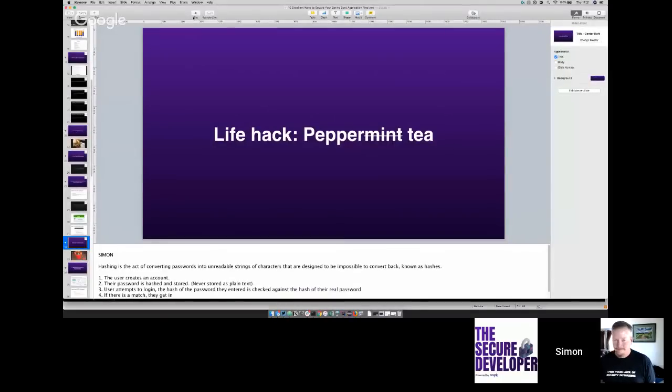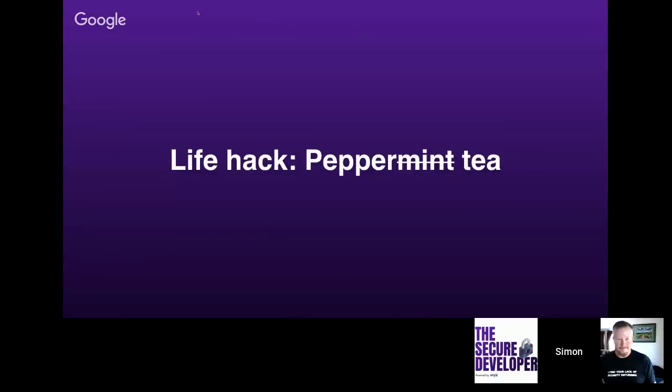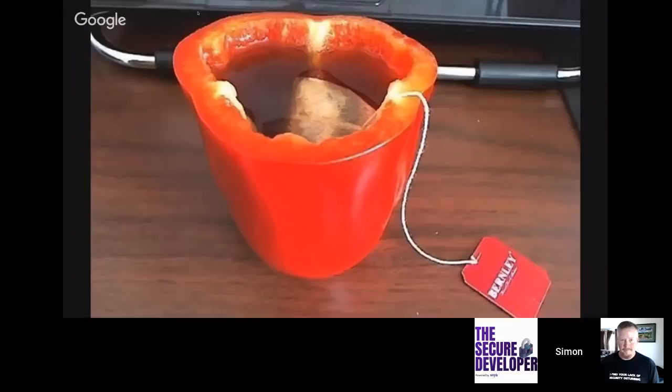Let me share my screen and I'll show you what I'm talking about. So the worst thing for me, and this is great for students as well, of course, hopefully you can see my screen now. So when we have a cup of tea or a coffee that we want to make and we don't have a cup, the best thing we can do is, rather than have peppermint tea, have pepper tea.